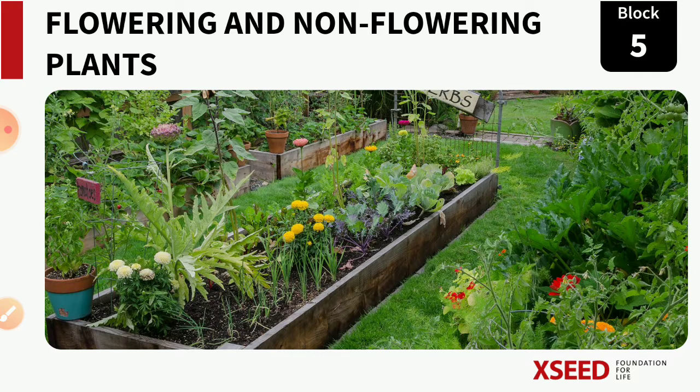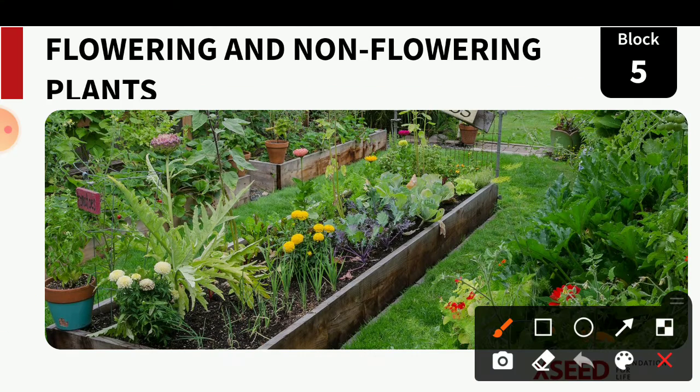If you observe them closely, you will notice that some plants give beautiful flowers with different colors and very good fragrance, but some other plants don't even have flowers. So based on this category, whether the plant is flowering or not, we can differentiate the plants.